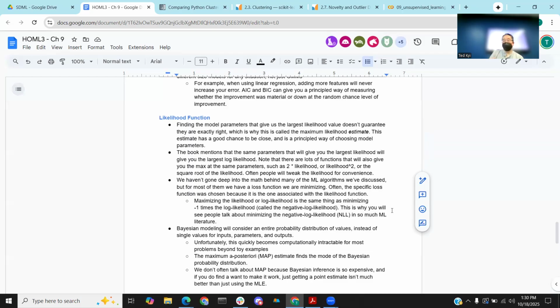That loss function is oftentimes derived from doing some probabilistic analysis of this problem and figuring out what is the maximum likelihood.